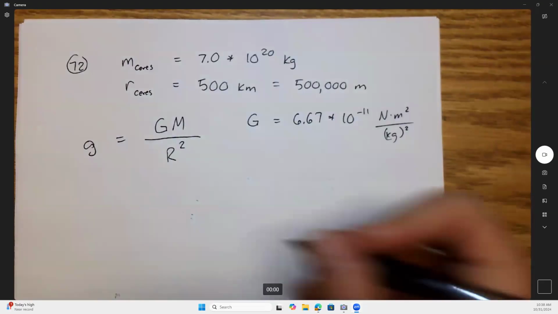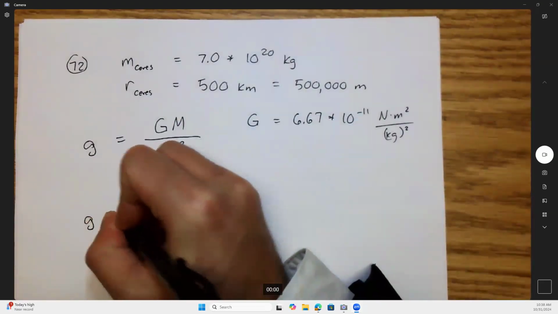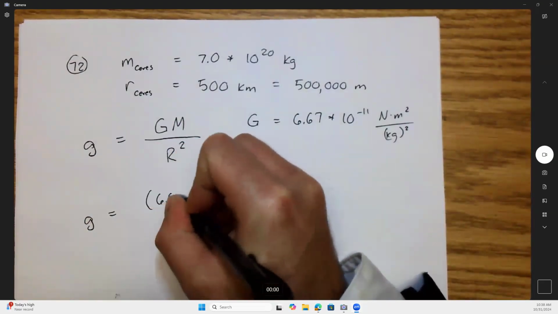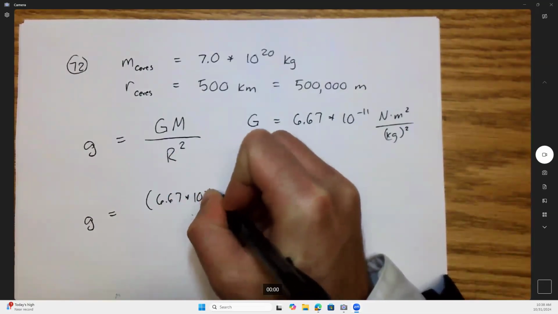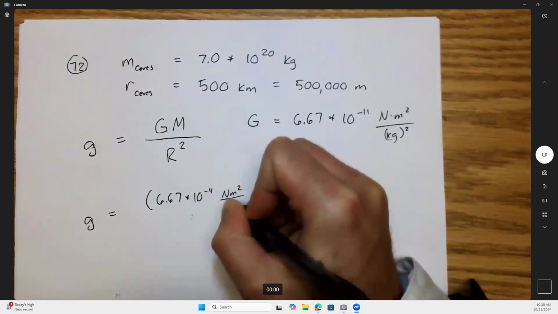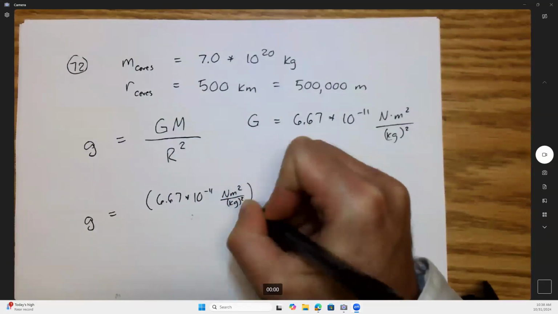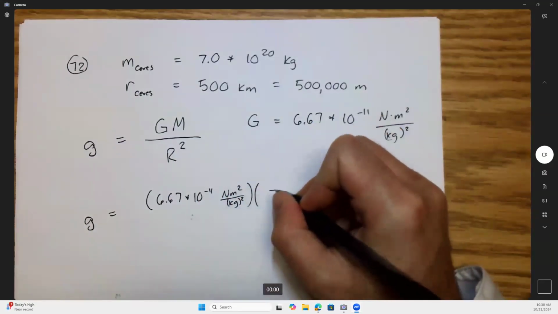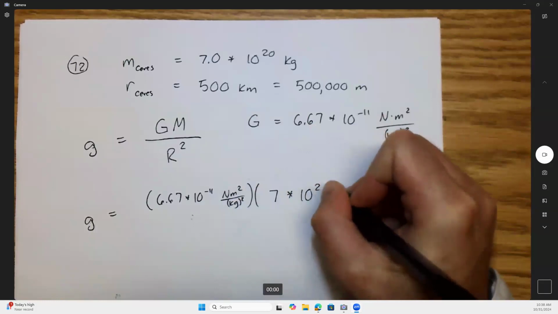Let's just put it all together. So I've got G, 6.67 times 10 to the negative 11 meters squared per kilogram squared. We've got the mass of Ceres, which is 7 times 10 to the 20 kilograms.